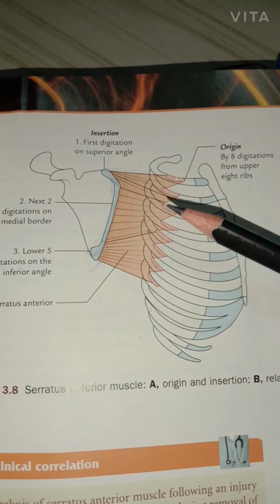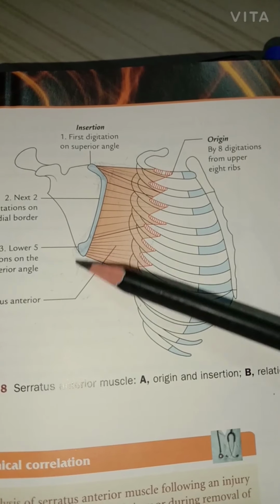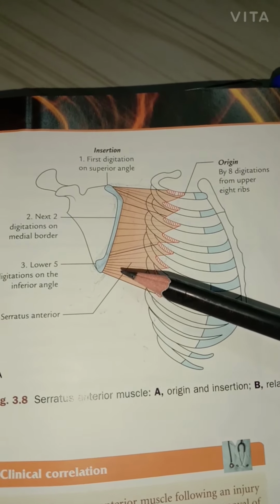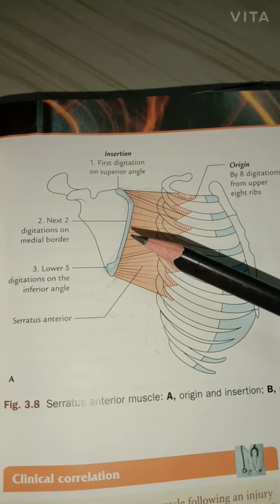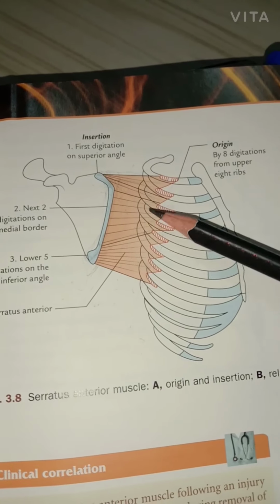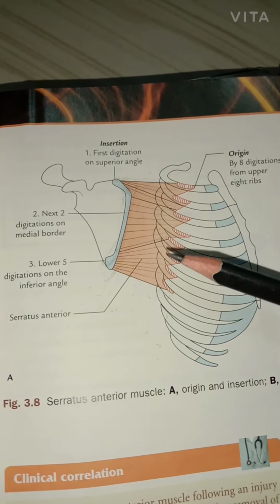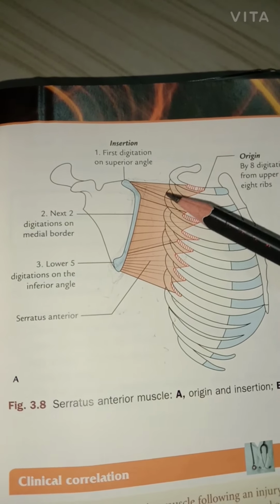And second, the fibers which are inserted to the inferior angle of the scapula pull it forward and rotate the scapula so that the glenoid cavity is turned upwards. And whenever paralysis of the serratus anterior muscle occurs, winging of scapula happens.